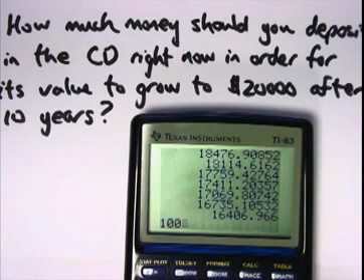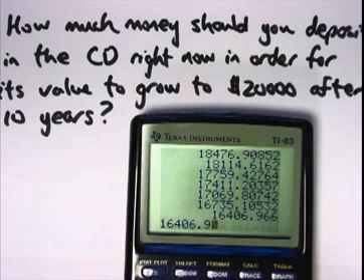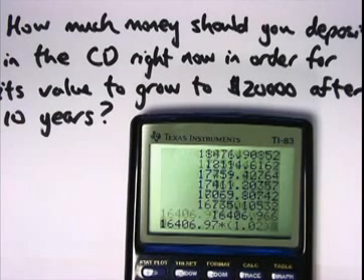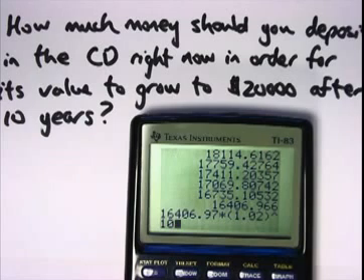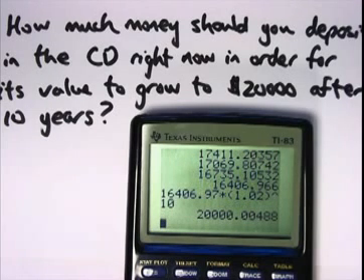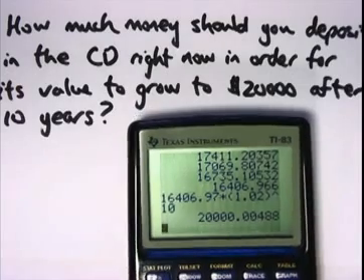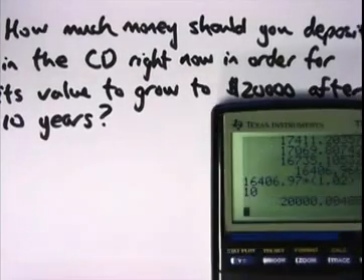There's a way to check it. $16,406.97 times 1.02 to the 10th is $20,000. So the answer here is $16,406.97.